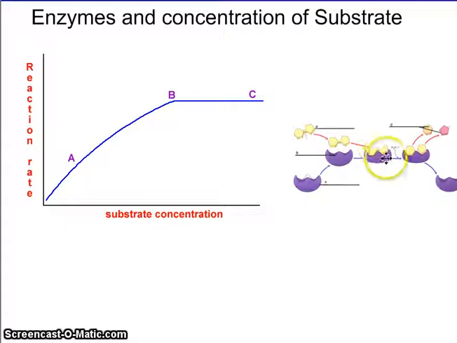And you get this level of saturation where all your enzymes are bound up by substrate, so that you can't bind any more substrate to any more enzymes. There's none that are available. Or basically what happens is that you have to have one of these released before another sugar or another disaccharide could be broken down. That's more realistic there.